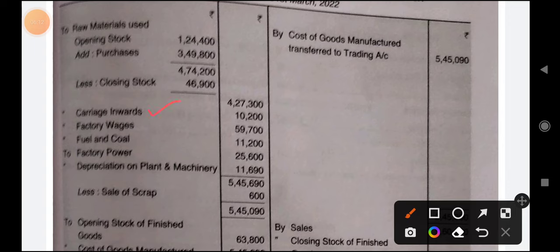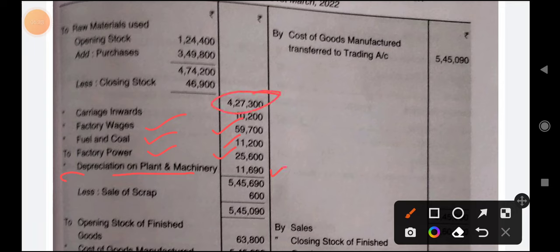Carriage inward 10,000, factory wages 49,700, fuel and coal 11,200, factory power 25,600. All factory related expenses will come under manufacturing account, and depreciation on plant and machinery also will come under manufacturing account.